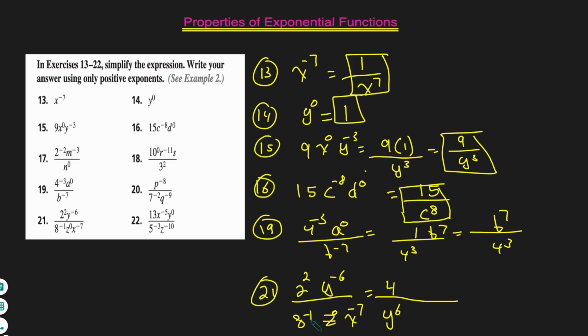In the bottom, 8 to the negative 1 goes to the top as positive 8 to the 1, which is just 8. Z to the 0 is just 1. And x to the negative 7 goes on top as x to the positive 7. 4 times 8 is 32. X to the 7 over y to the 6th.